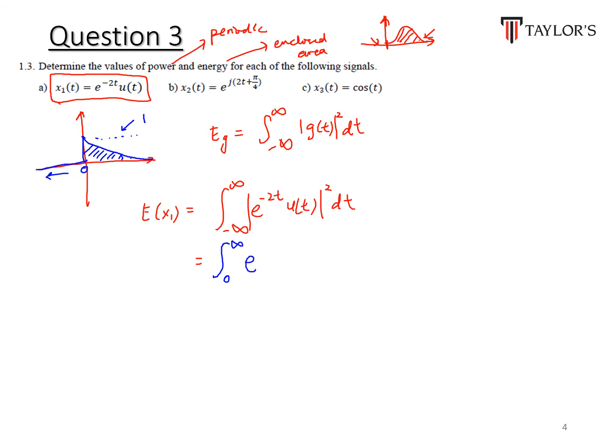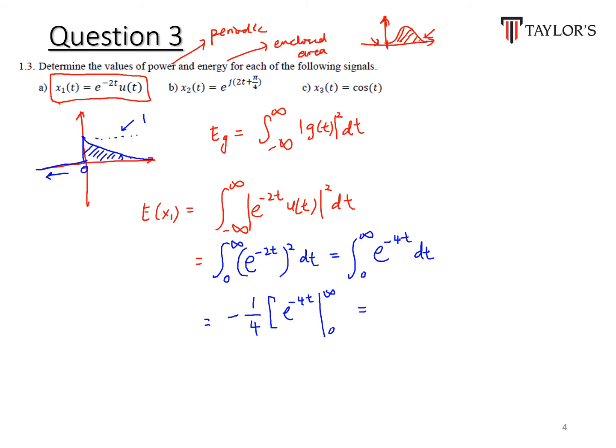So e power of negative 2t squared, dt. In this case, it's simply e power of negative 4t dt. And this is some simple integration where you should be able to get negative 1 over 4 times e power of negative 4t, going from infinity to 0.